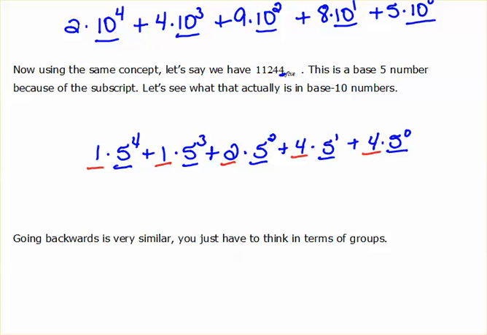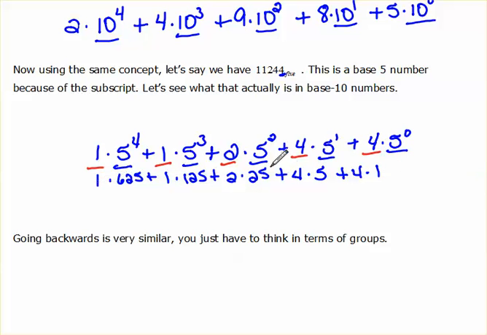Now, if we were going to convert that over to our numbers, we could very easily, because 5 to the fourth is 625. So this would be like saying 1 times 625 plus 1 times 5 cubed, which is 125, plus 2 times 5 squared, which is 25, plus 4 times 5 to the first, which is 5, plus 4 times 5 to the 0, which is 1.